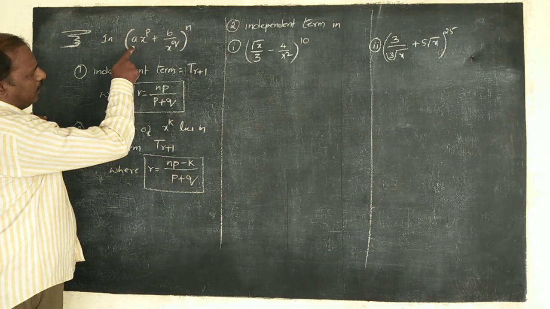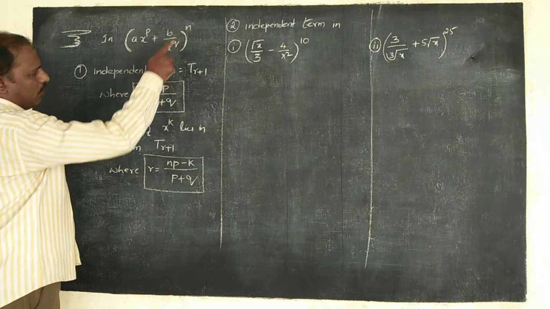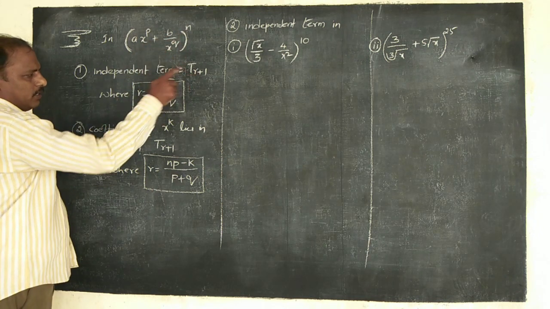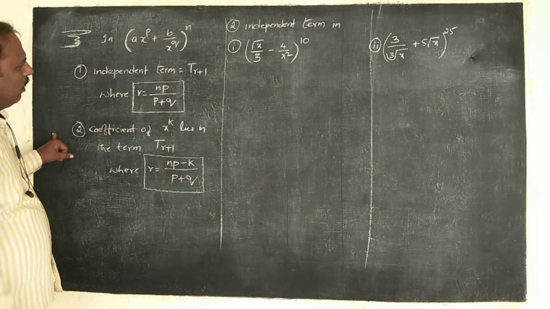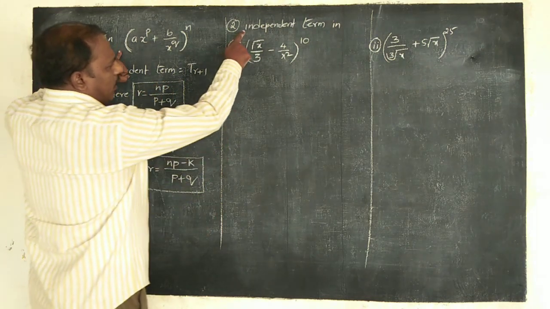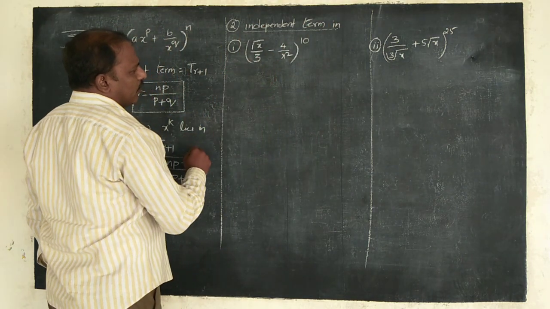The independent term in (ax to the power of p plus b by x to the power of q) to the power of n is the Tr plus 1 term, where r is equal to np by p plus q. So, given this problem, we have to find the independent term.